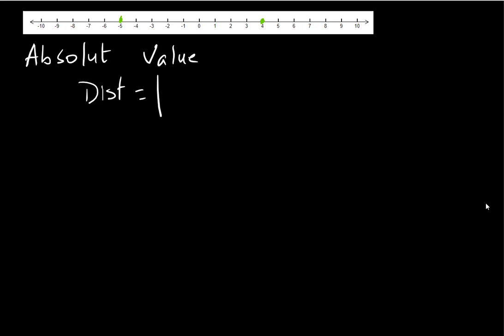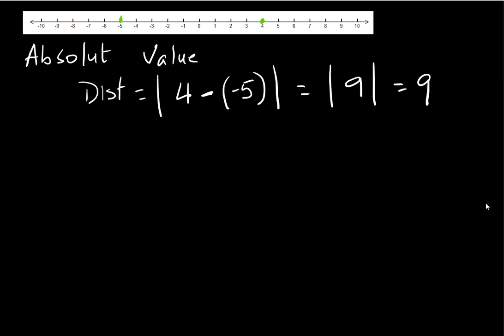So it will be the absolute value of 4 minus negative 5, which is the absolute value of 9. That will be 9. If we count the units here, 1 2 3 4 5 6 7 8 9, so all we have to do is take the absolute value of the difference of the 2 points.